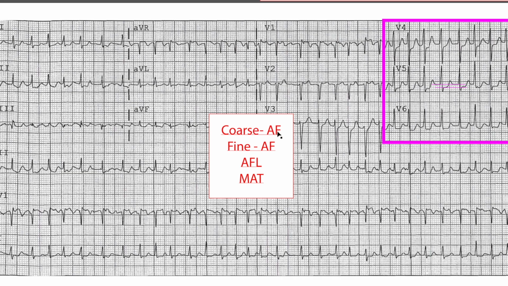This indeed could be coarse atrial fibrillation. Coarse atrial fibrillation tends to be a little more coarse and a little more consistent in that coarseness, and it tends to show up in more than one lead. Here, this is looking more like fine atrial fibrillation. Is it going to be a huge deal whether it's coarse or fine?